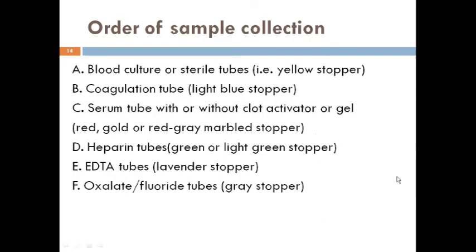The order of the sample collection tubes: first one is blood culture or sterile tubes, second is the coagulation tube, third is serum or plasma tubes, fourth is the heparin tube, fifth is the EDTA tube, and last is the fluoride tube, which is used for the detection of glucose.